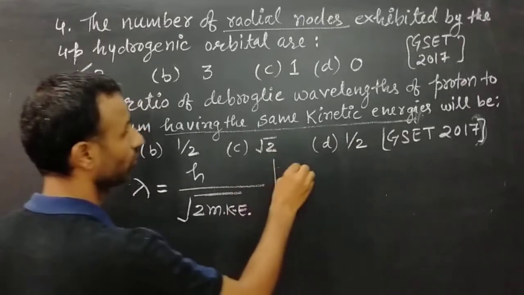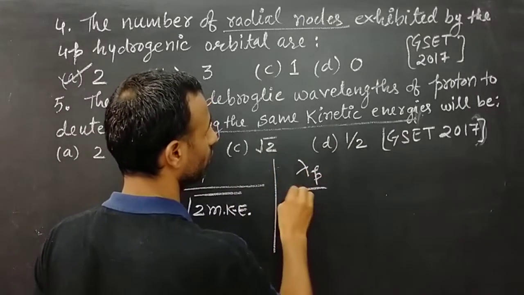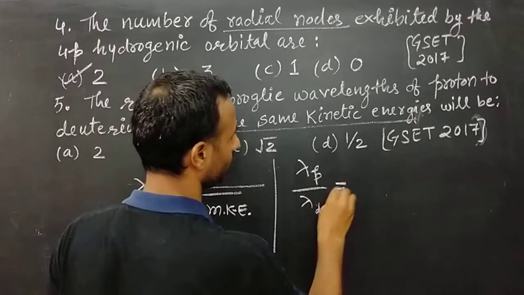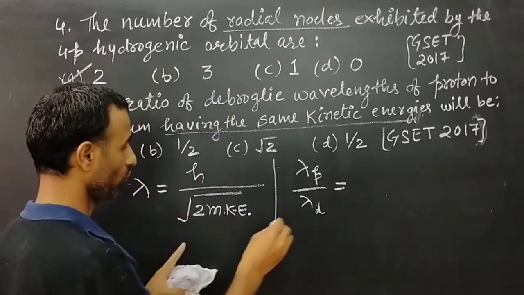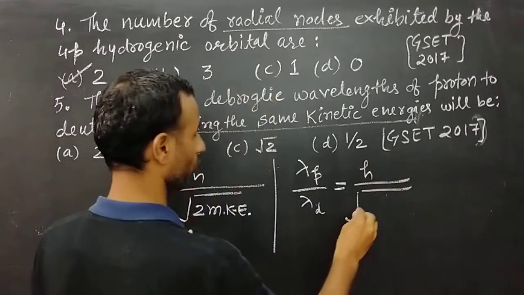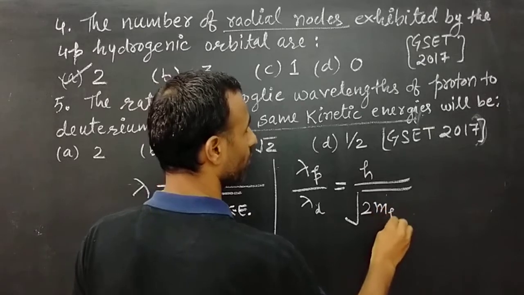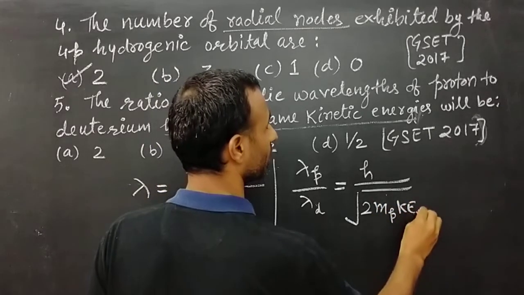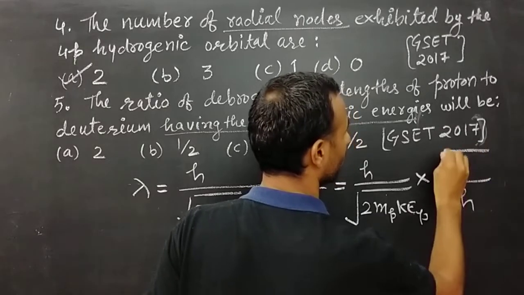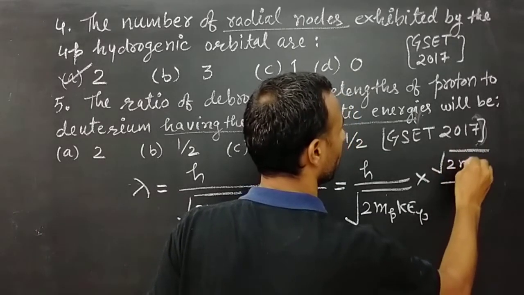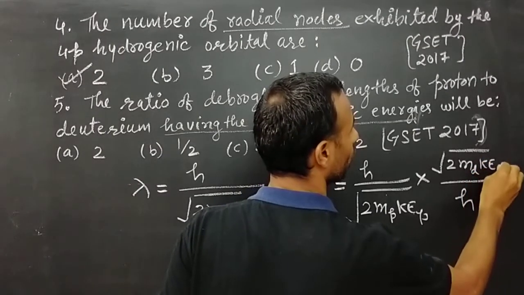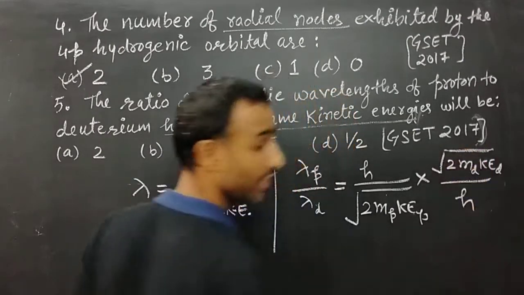So ratio of the lambda of proton to lambda of deuterium is equal to h upon square root of 2 mp into kinetic energy of p, divided by h upon square root of 2 md into kinetic energy of d, right?